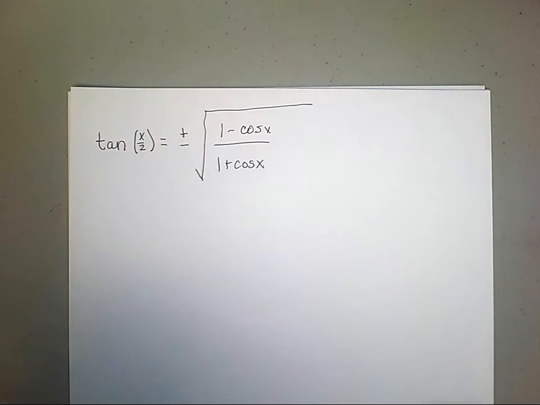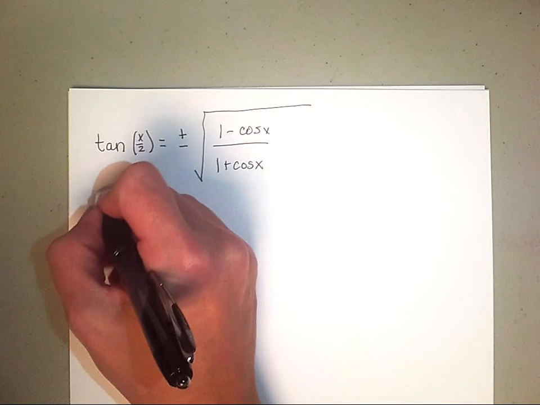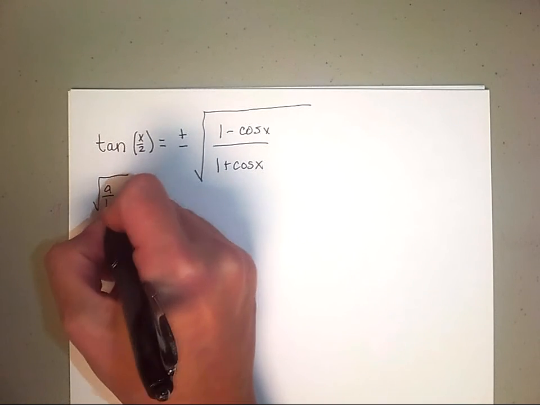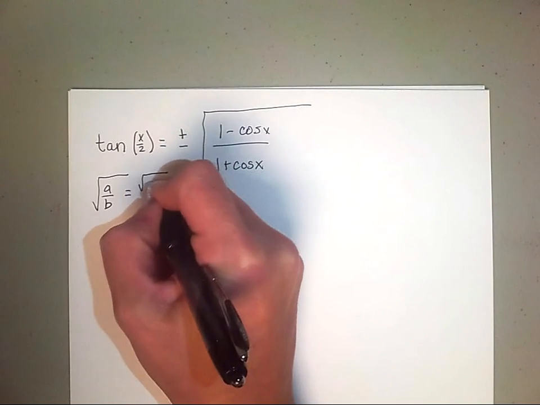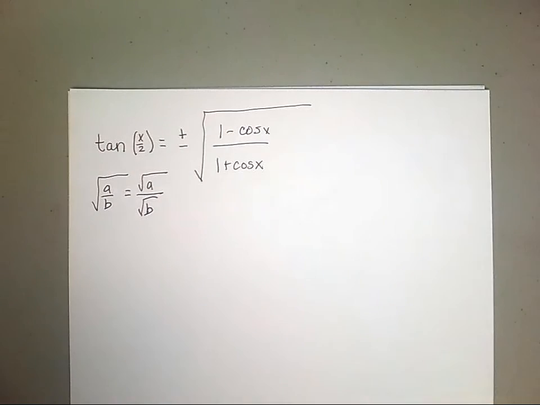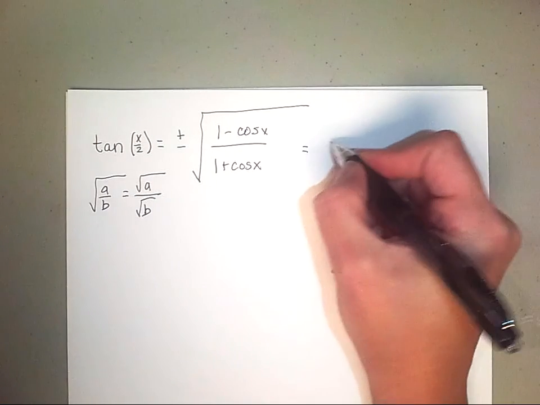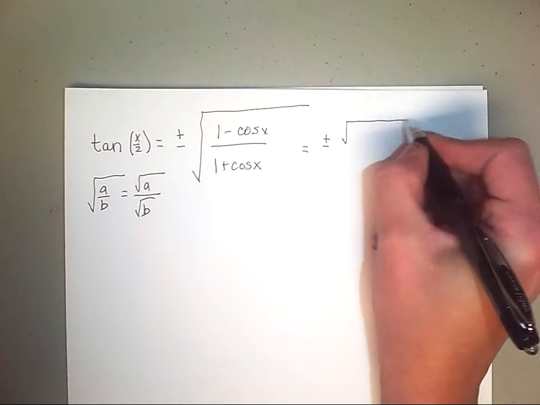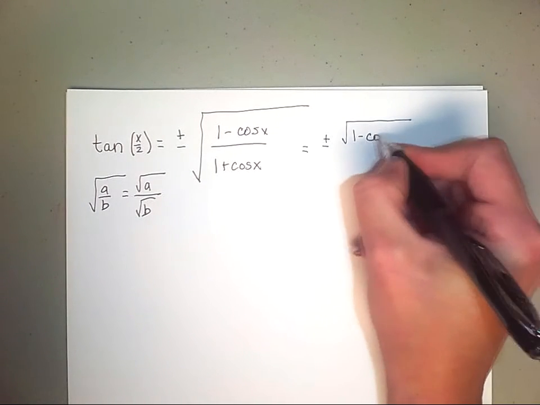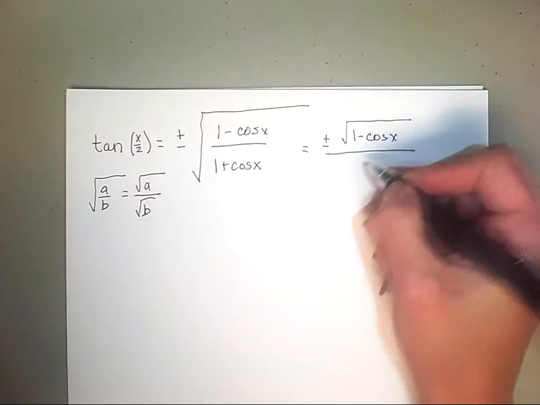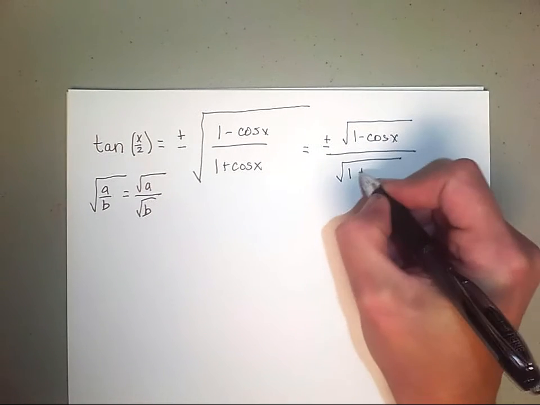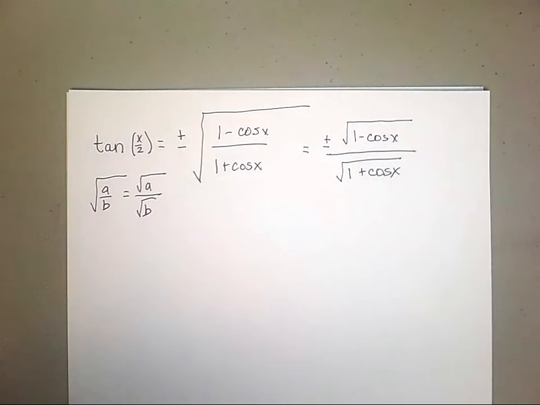Now, in general, we don't really like to work with square roots if we can get away with it. So let's reapply the square root of the fraction and make that the square root of a over the square root of b. Okay. So this is equal to plus or minus the square root of the numerator, which is 1 minus the cosine of x, over the square root of the denominator, which is 1 plus the cosine of x.